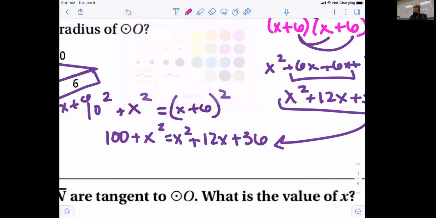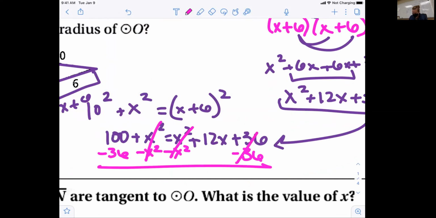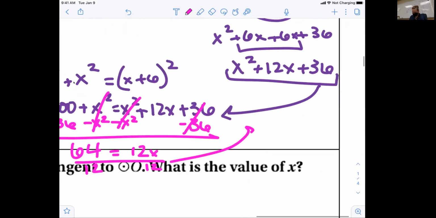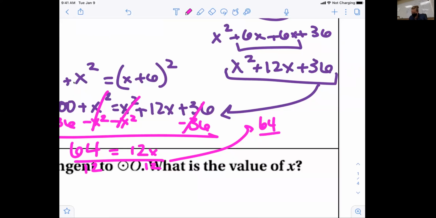So I'm going to minus x squared from both sides. Oh, shoot, that's going to cross my x squared out. That's actually really easy and really helpful for me. So now I just have an x all by itself. So let's minus 36 from both sides. And we're going to get 64 equals 12x. Divide by 12. That does not divide evenly. So you can make it be 16 over 3.